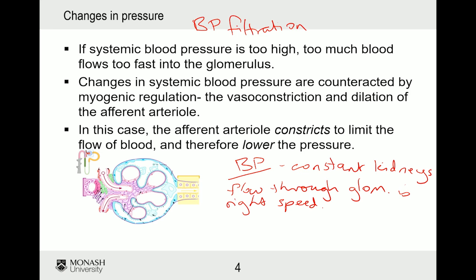If it flows too fast, not enough will be filtered out, and if it flows too slowly, too much water and substances will be filtered out. If systemic blood pressure is too high, too much blood flows too fast into the glomerulus. So if it's too fast, we can't filter efficiently.